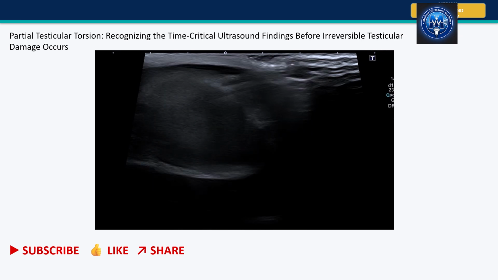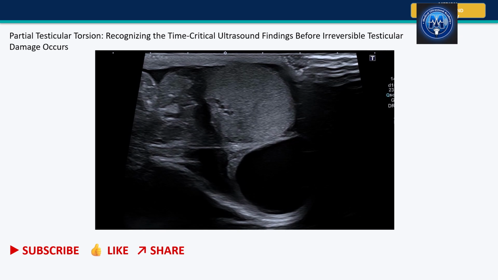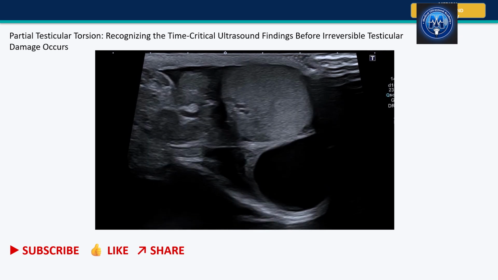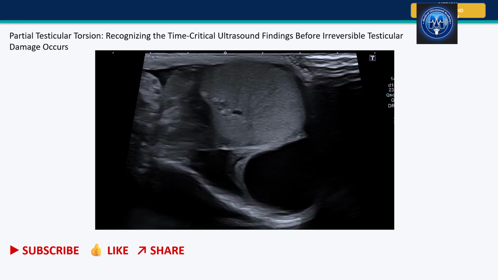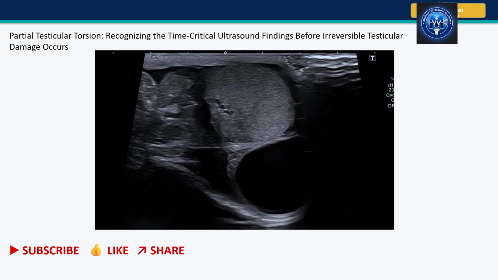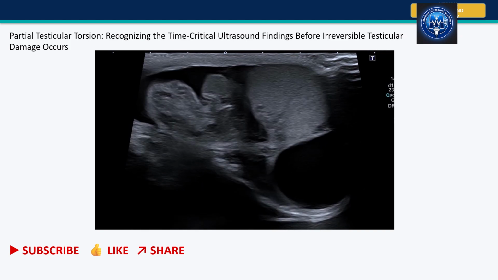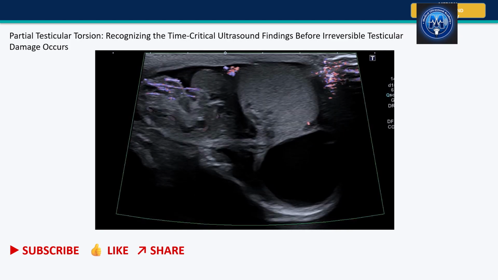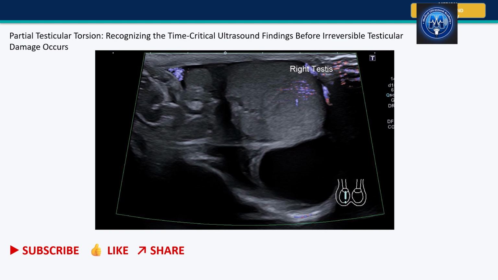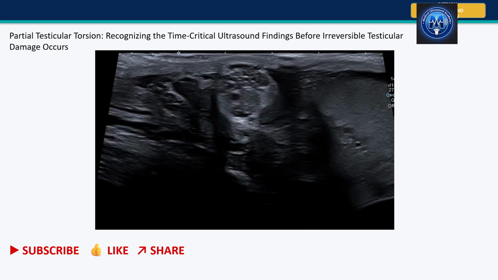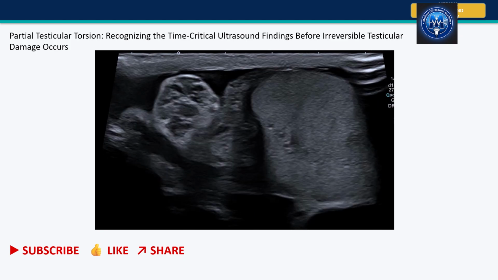So every minute counts when it comes to testicular management. The unfortunate part is that patients, when they start to feel the pain at home, will think that the pain will go away. So they will delay coming to the hospital, and when they do so, it will be past the 6 hours, and unfortunately, nothing could be done to save the testicle.